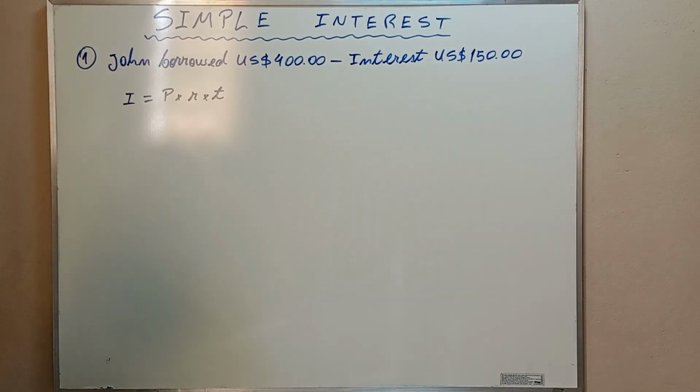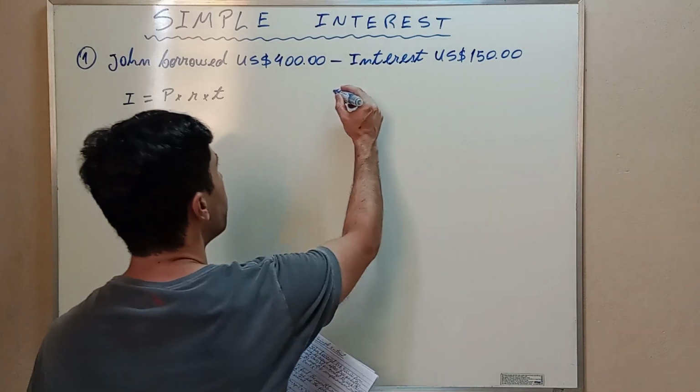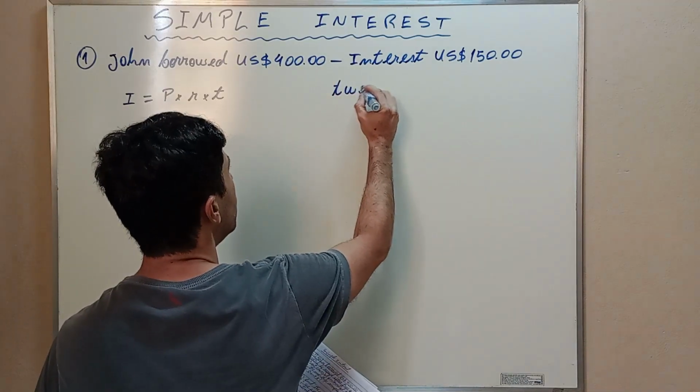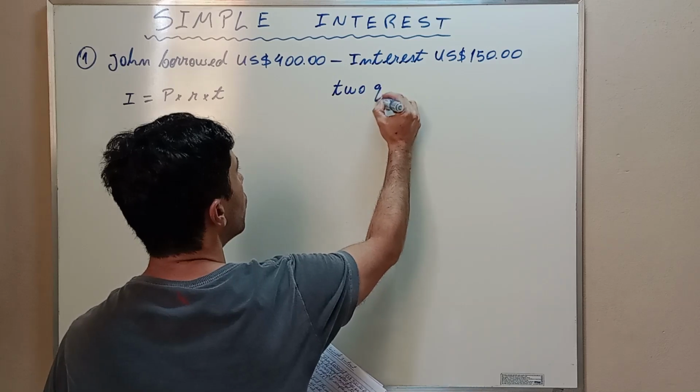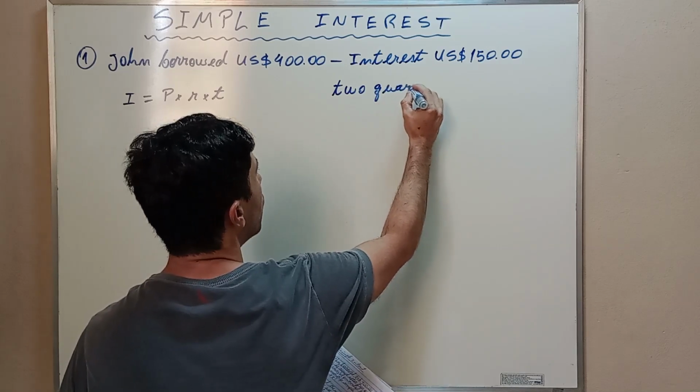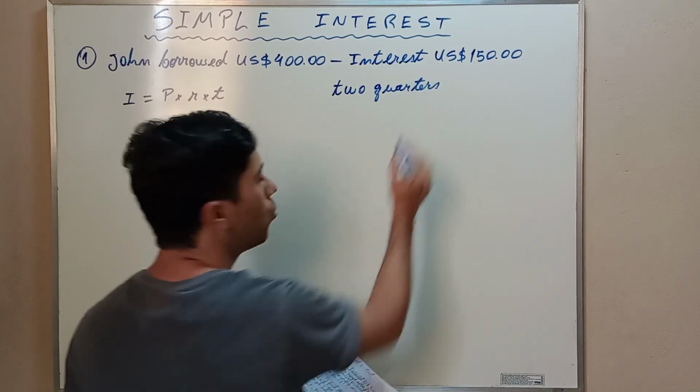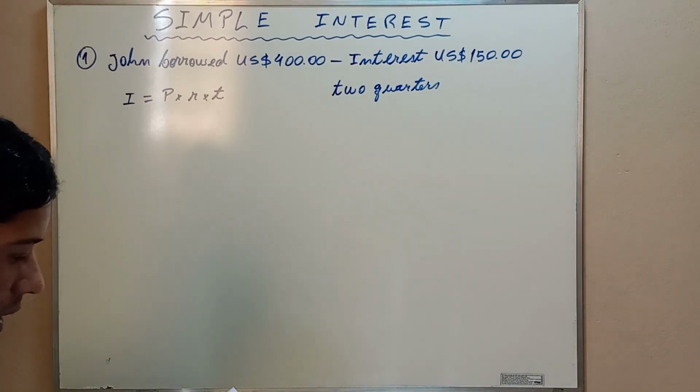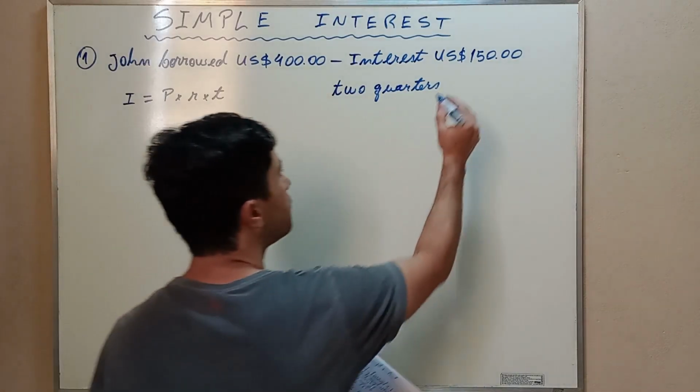And what is a quarter? A quarter is 3 months. Alright? A quarter is 3 months. So 2 quarters is 6 months. Okay, my friends? Then 2 quarters of the year is equal to 6 months.